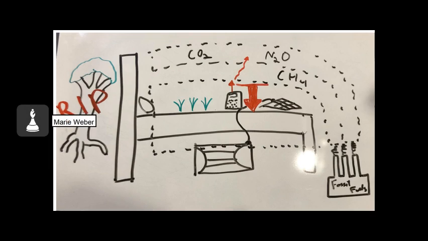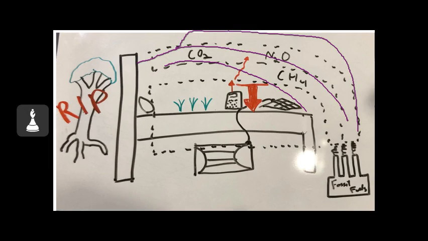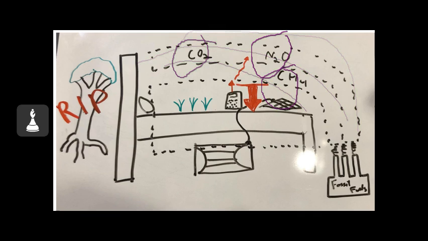Human activity is essentially adding layers of blankets to the bed's surface. These blankets are made of carbon dioxide, methane, and nitrous oxide. These greenhouse blanket gases are produced through the burning of oil and gas and also through concrete production.